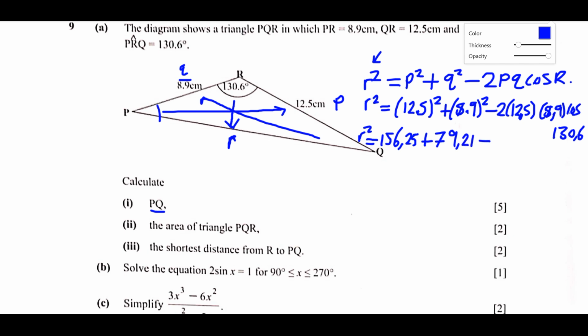Then I'm going to multiply 2 by 12.5 times 8.9 cos 130.6.